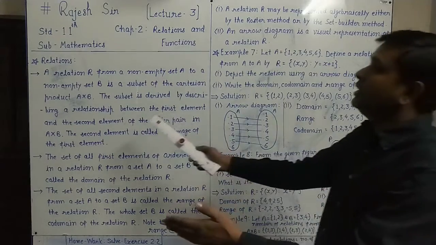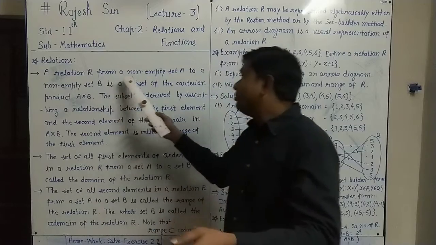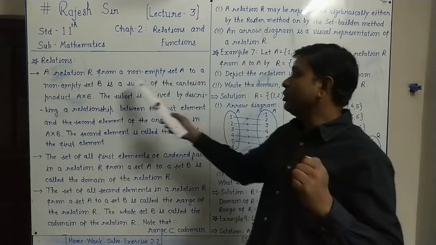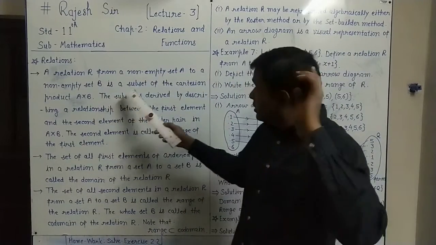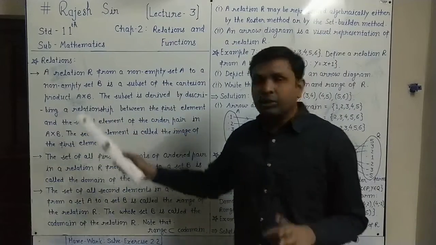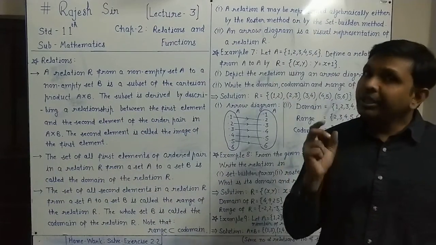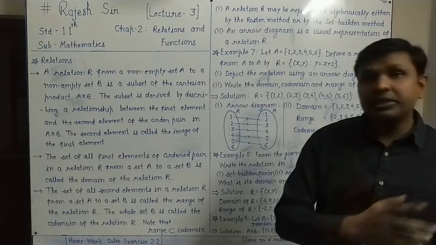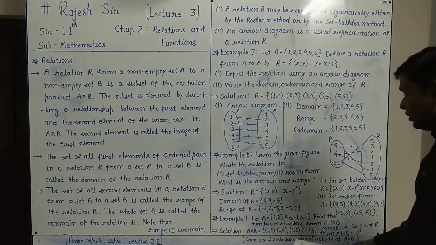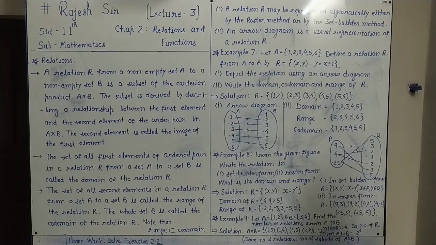Because of the definition: a relation R from a non-empty set A to a non-empty set B is a subset of the Cartesian product A cross B. Means however many subsets of A cross B there are, that many relations you can make. And that is what you are asked, the number of relations from A to B. So that will be the number of subsets of A cross B.